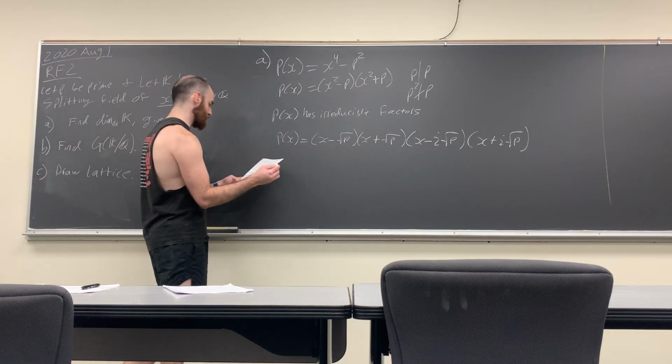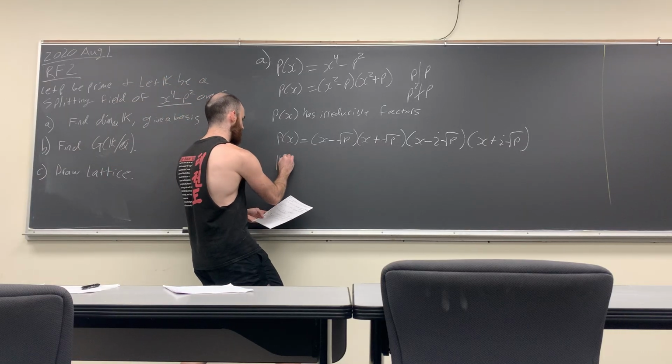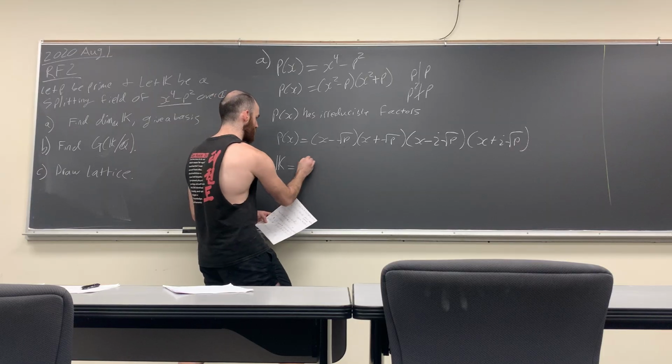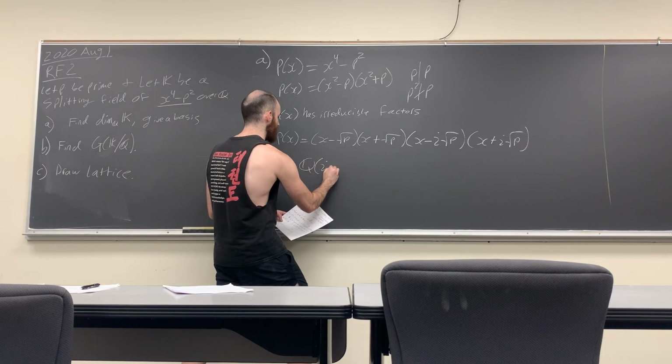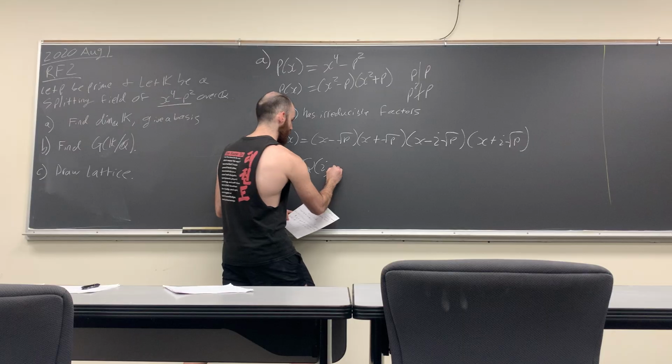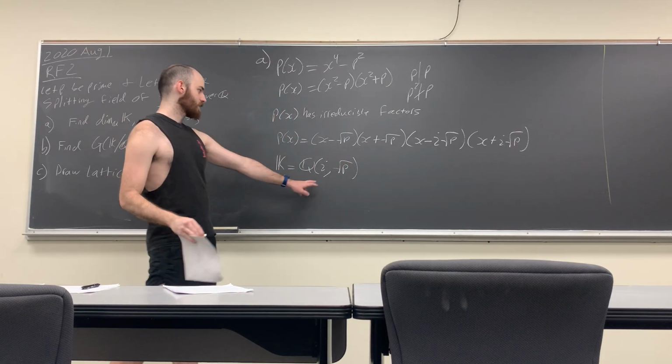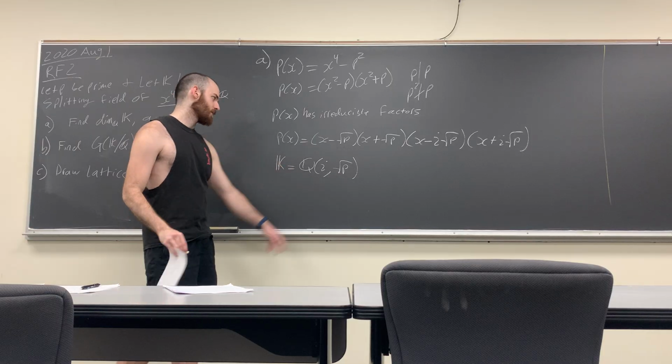So we can see that the splitting field K is going to be equal to Q adjoin i and adjoin root p, which is 2 quadratic extensions.